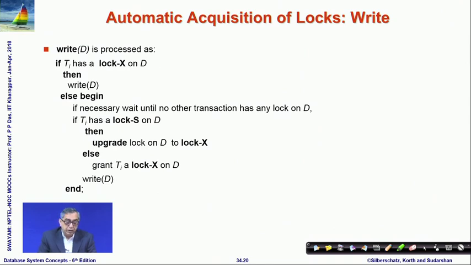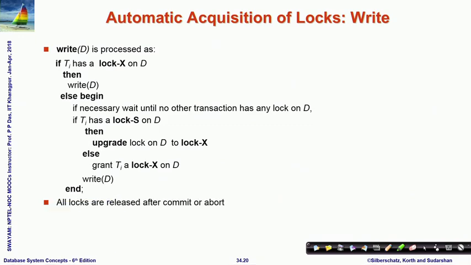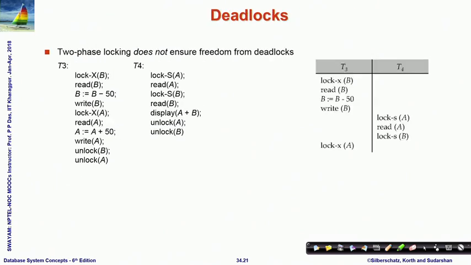But once no other transaction has a lock, you see whether you yourself have a shared lock on D. If you have a shared lock, you upgrade it to an exclusive lock. If you do not have a shared lock, you take a grant of the exclusive lock, and then you can go and write. So, if you follow the two phases, these algorithms become very simple, and when you commit or abort the transaction, naturally all locks get released.